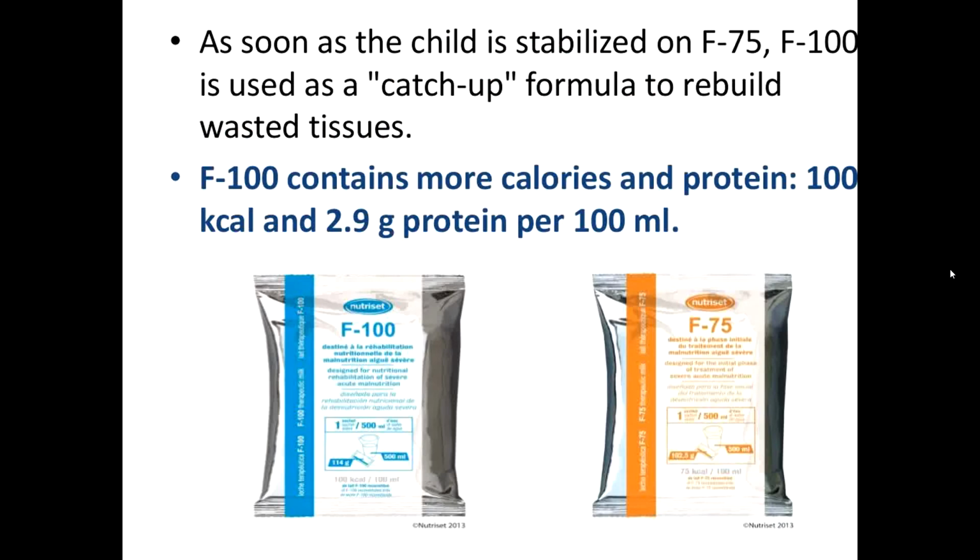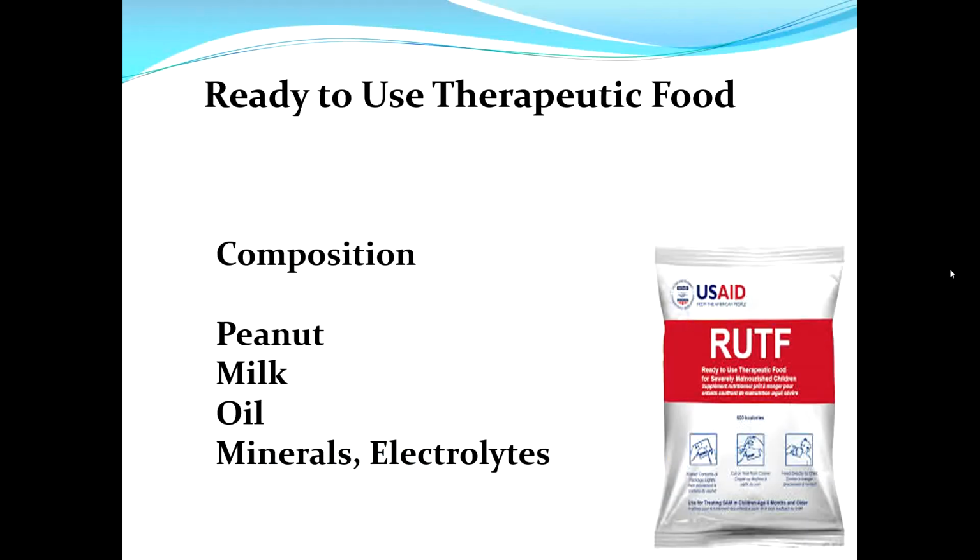Again, these two formulas are supplied by UNICEF to the health department and to various nutritional rehabilitation centers where this is used. Now, for older children, another therapeutic food is RUTF, ready to use therapeutic food given in package form.